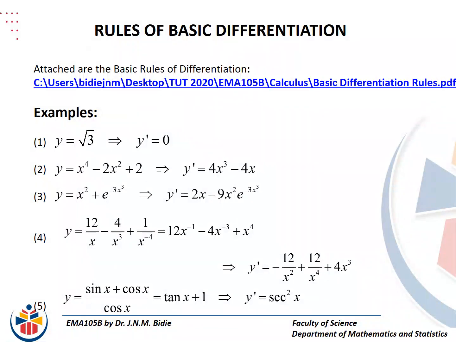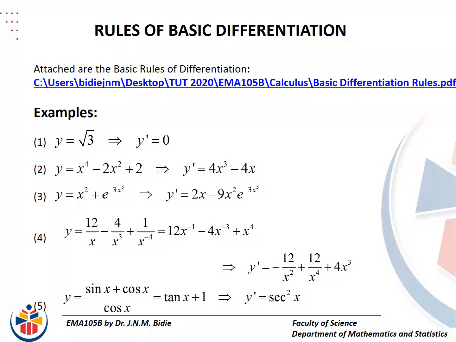Example 3 has been given to us as x squared plus e to the power negative 3x squared. Now note that the second term is an exponential function. Now let's go to the first term. The derivative of x squared is 2x. Now we go to the second term.